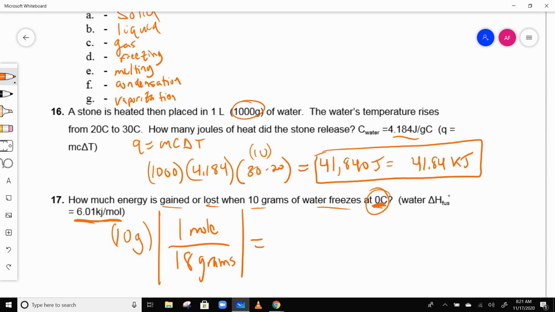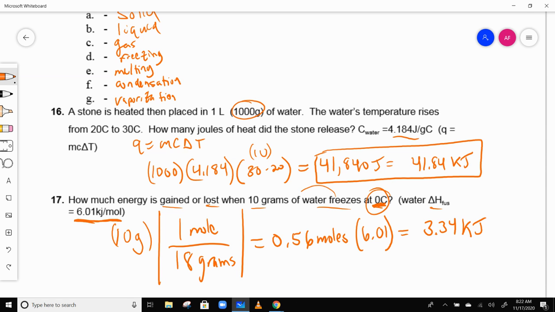Let's see, what is that? We get 0.56 moles. And then we just multiply that by the delta H of fusion, which is 6.01, and we get 3.34 kilojoules.